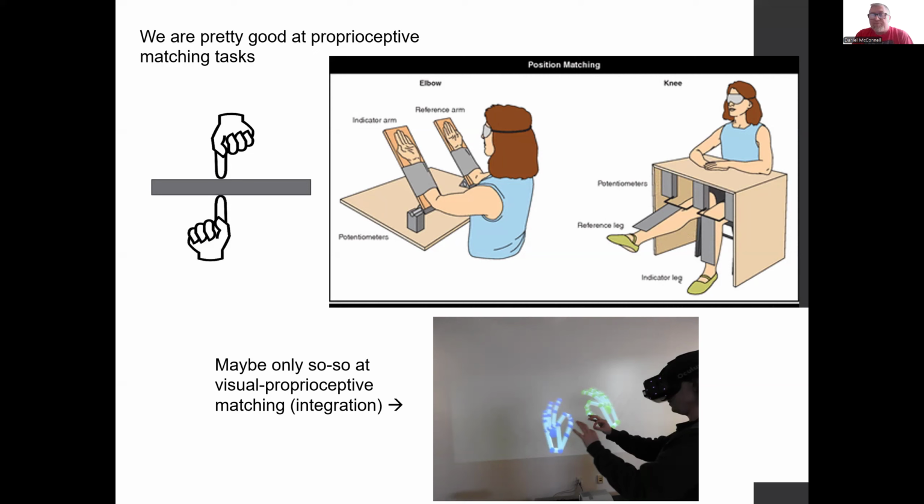And well, no matter where you set the reference arm at any number of different angles, people can do a pretty good job of matching it. And so you can see we can also do this with rotations around the knee as well, so matching orientations of the lower leg segments. So people are good at this, right?